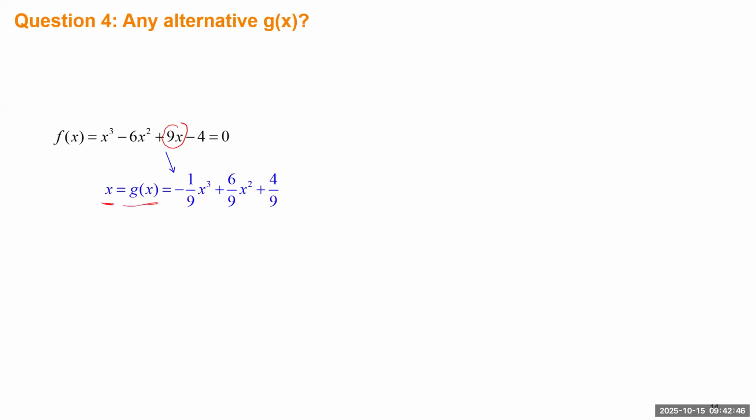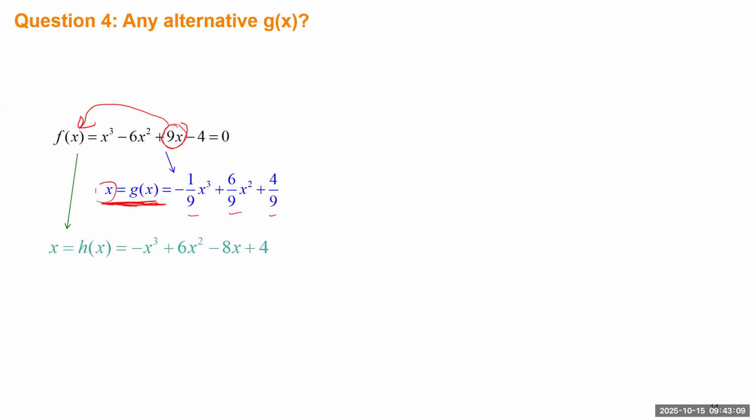So it's very natural to move this linear term to the left, then divide both sides by 9. So we have this formula. But you may think there could be many other ways to write this formula, because the goal is to have a single x on the left and everything else on the right.